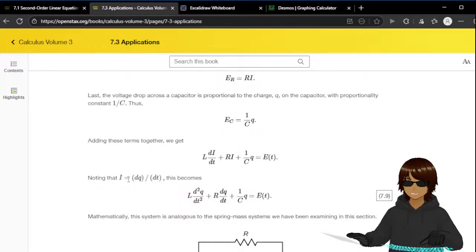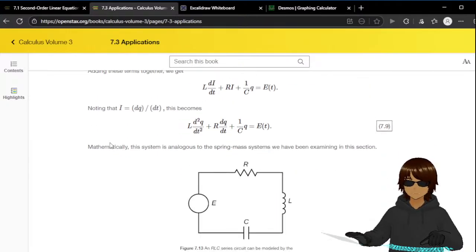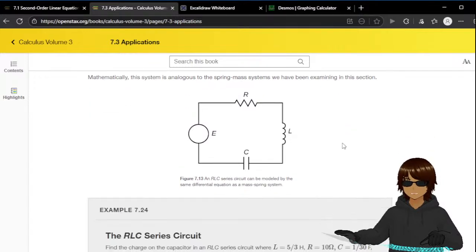Noting that I is dq over dt, it becomes like this. Mathematically, this system is analogous to the spring-mass system we have been examining in this section.